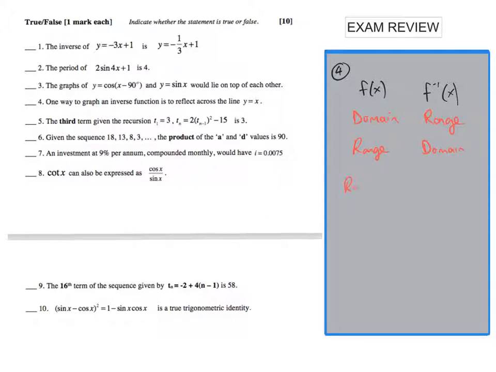We know they reflect in the line y equals x, and we also know that f of f negative 1 of x, this composite function, will always equal x. So if you were to check it, it would always equal x. And of course the second one here, reflecting in y equals x, is the one the question's asking for, therefore it's going to be true.